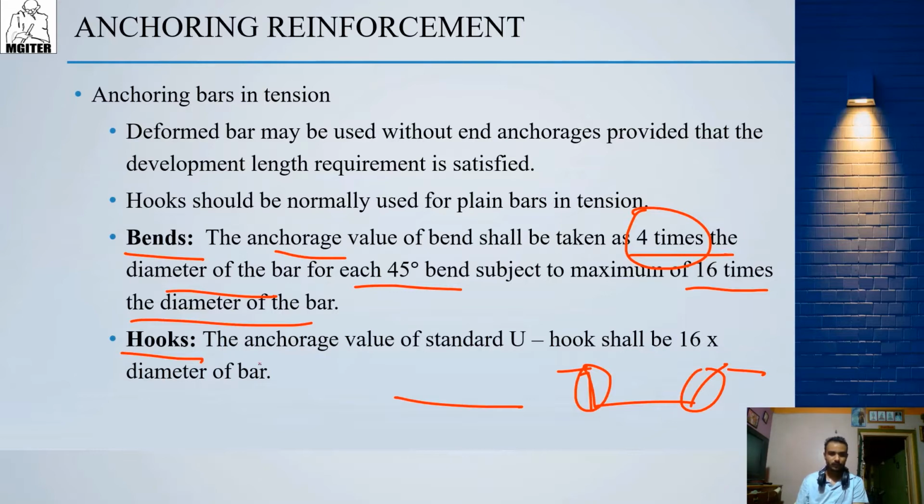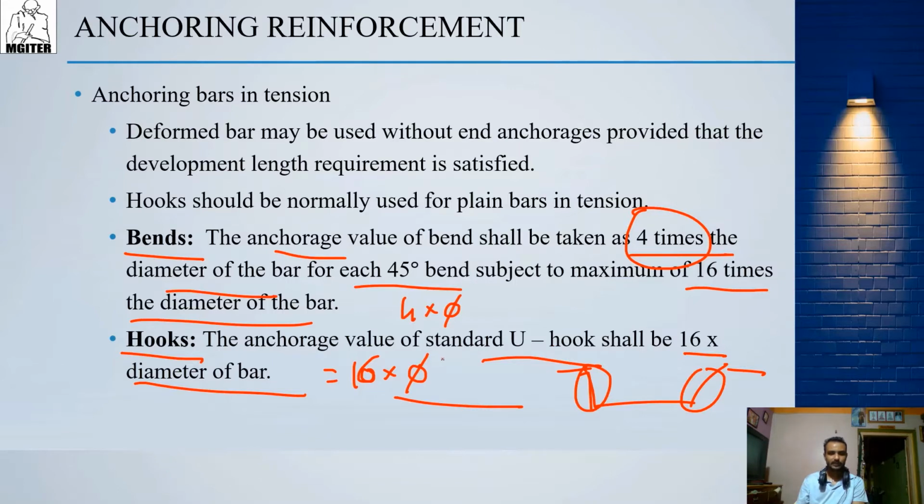Then after bend, the hook: the anchorage value of a standard U hook shall be 60 times the diameter of bar. Anchorage value means 60 times what? Anchorage value is 60 into phi. So this is called anchorage length. Same for the bend, we have 4 into phi.